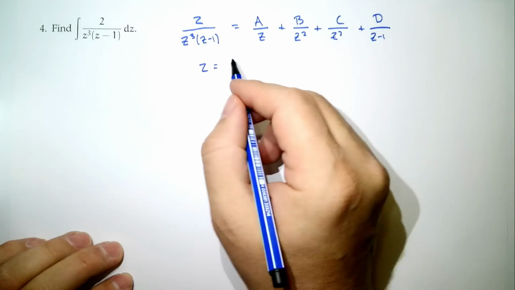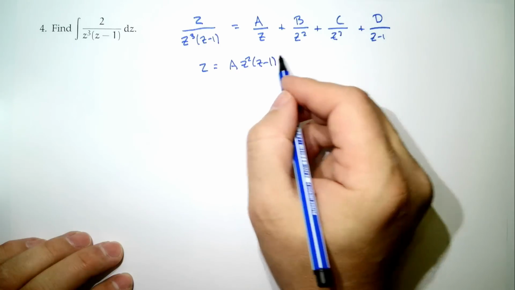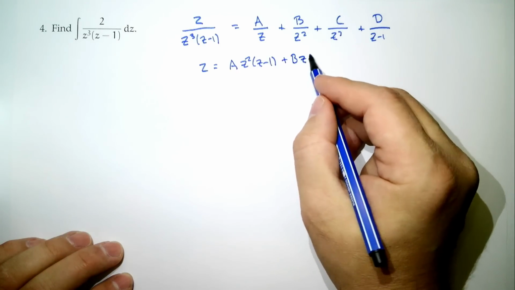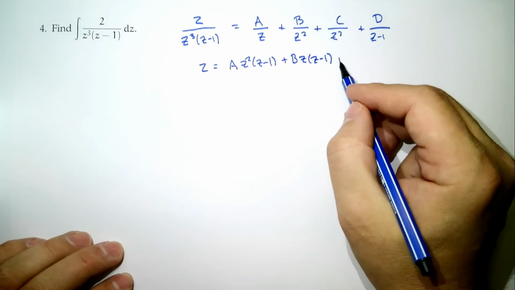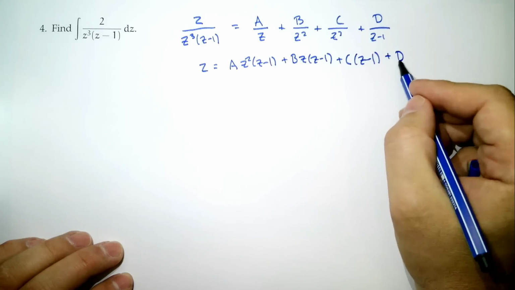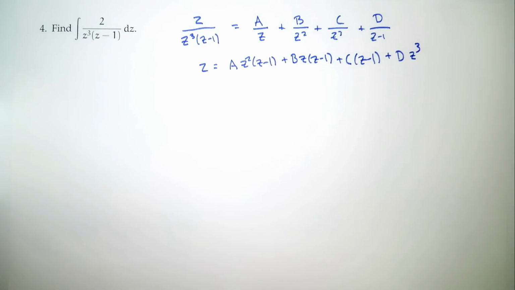So we'll get 2 is equal to a times z squared times z minus 1 plus b times z minus 1 plus c times z minus 1 plus d times z cubed. And at this stage, we start working with the equations. So, what are some things that we can do?